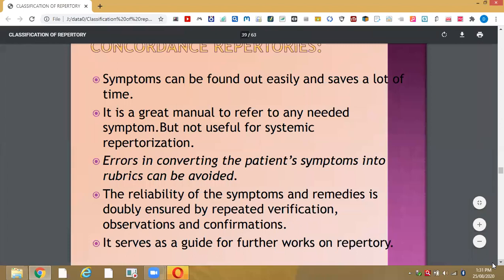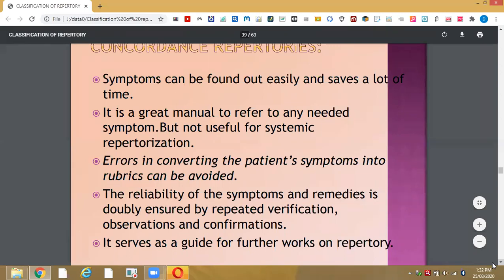It is also called the repertories which don't have any fixed philosophy in the background. So in the concordance repertories, the symptoms can be found easily and it saves a lot of time, because the symptoms are arranged alphabetically in the language of the patient, and especially these types of repertories are not used for proper repertorization, but are used for reference purposes, because with the help of such repertories we cannot repertorize the case properly.